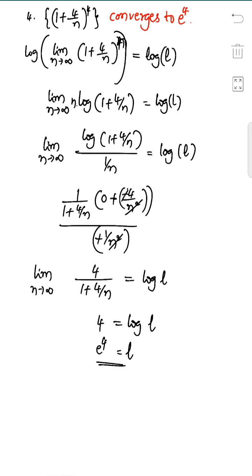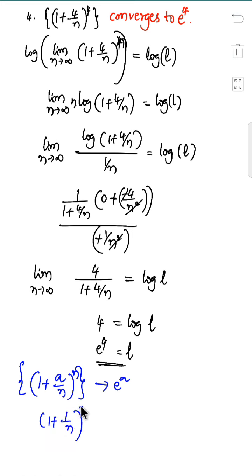So we can give some examples of this one based on the logarithms. See here, 1 plus a by n whole to the power of n. This sequence converges to e to the power of a. Similarly, 1 plus 1 by n whole to the power of a into n.